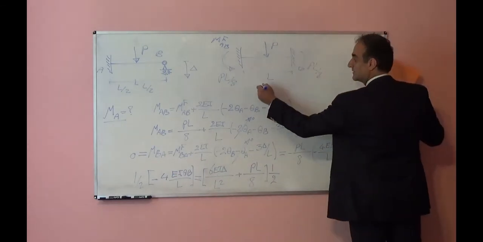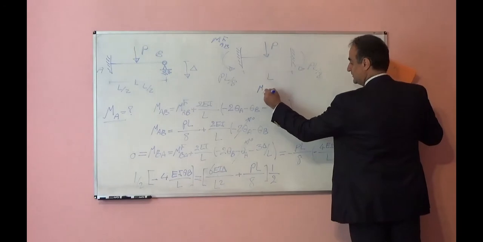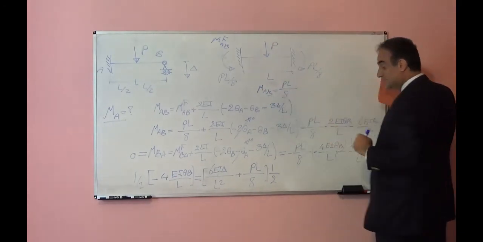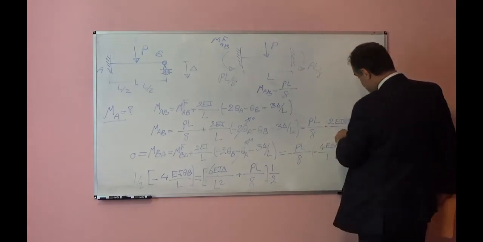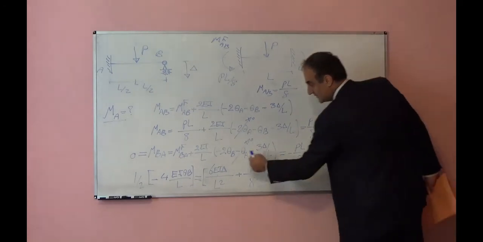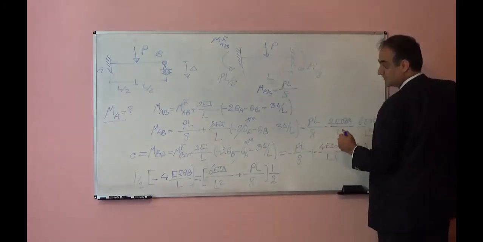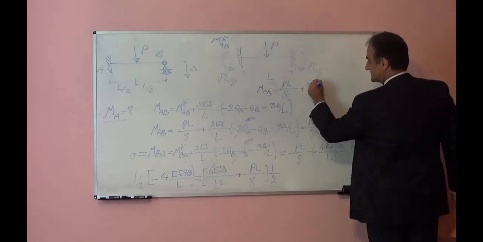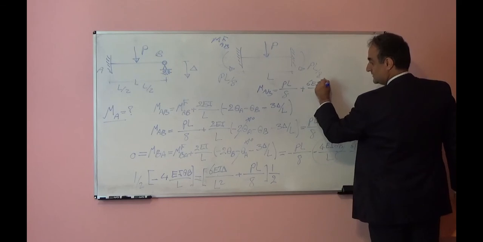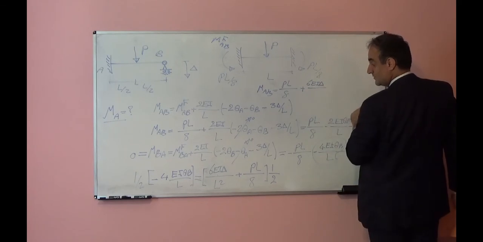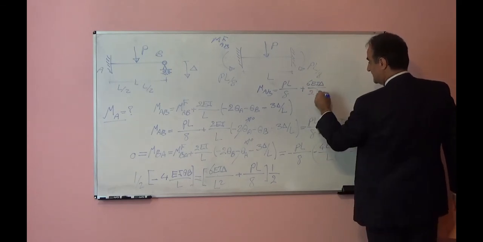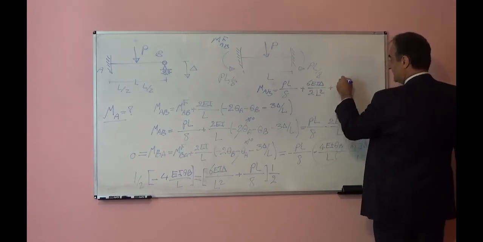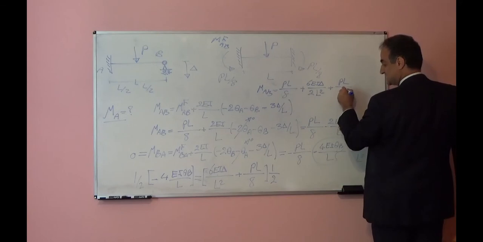So let's continue here. MAB will be equal to PL over 8. Instead of this term, I will plug this term because they are equal. Plus 6EI delta over 2L squared plus PL over 16.